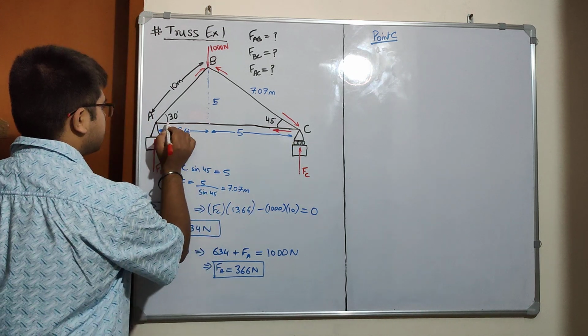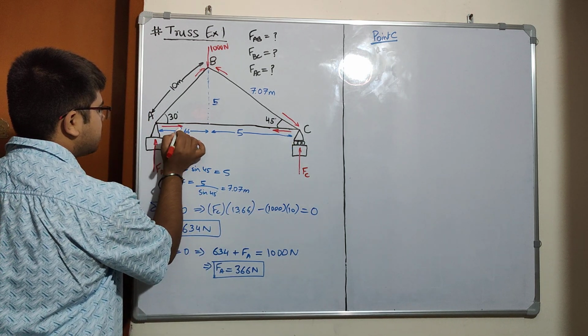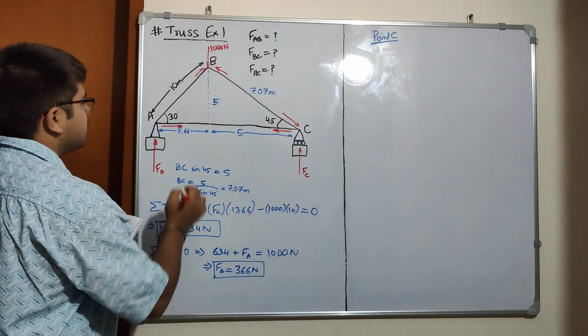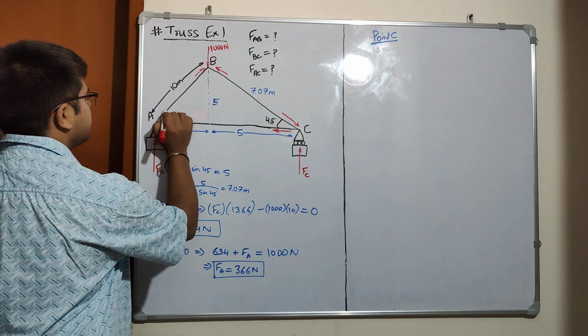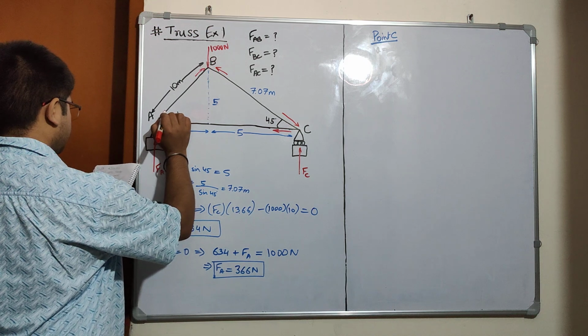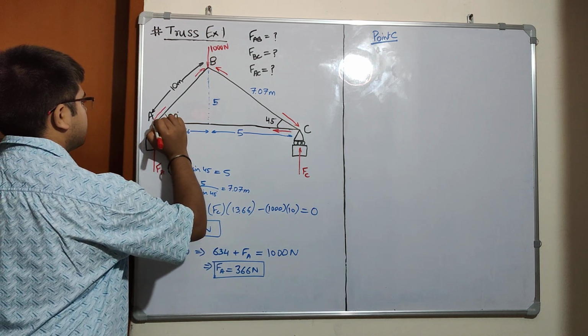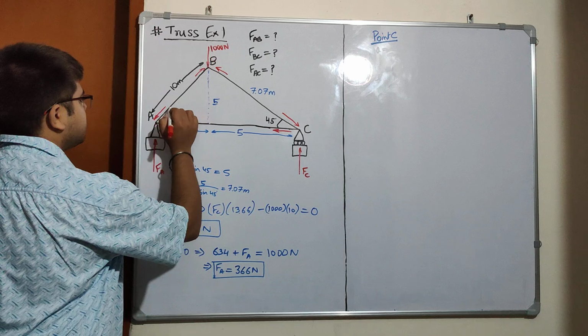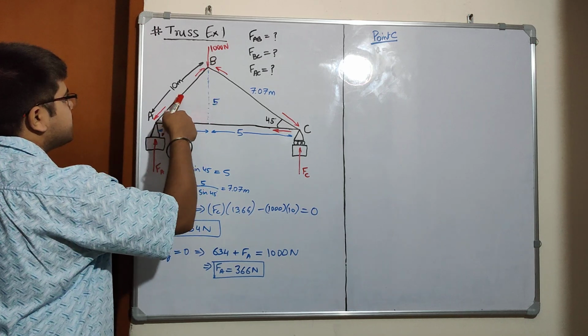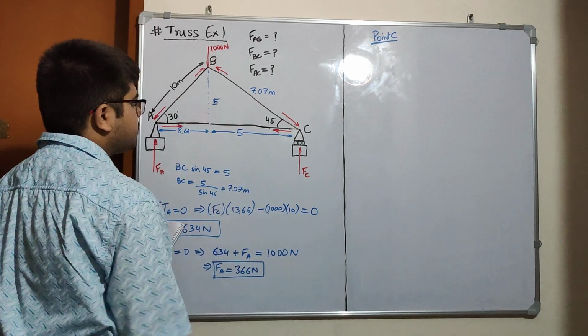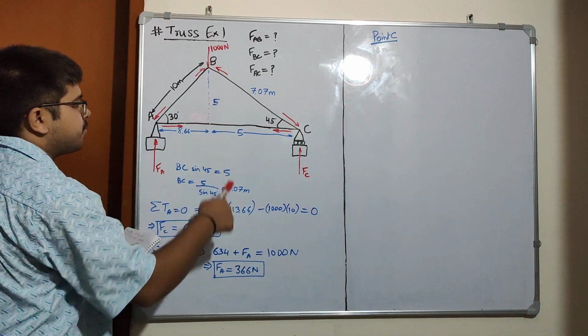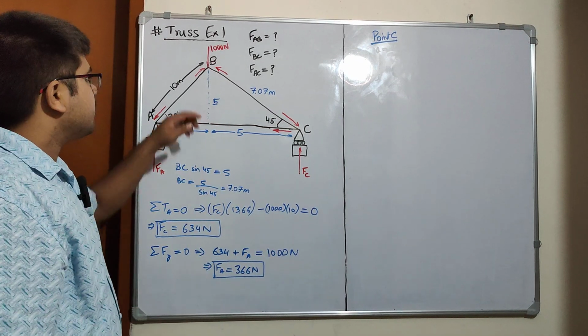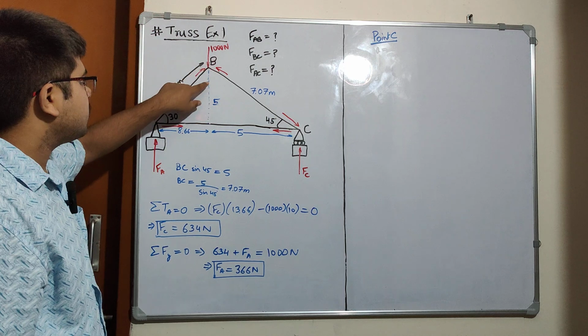So this member is in tension, this member is in tension, and this member is in compression, because this is moving down.